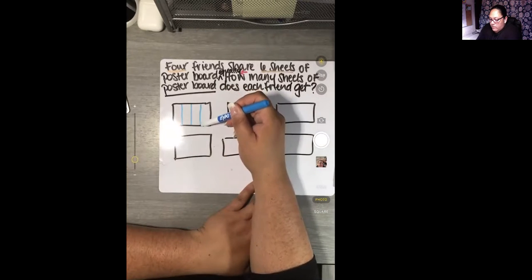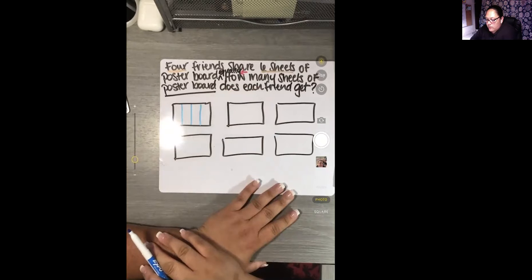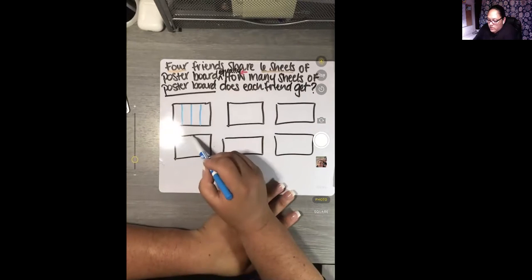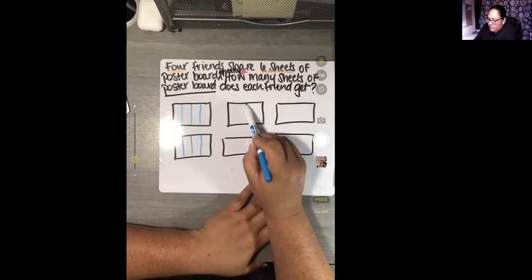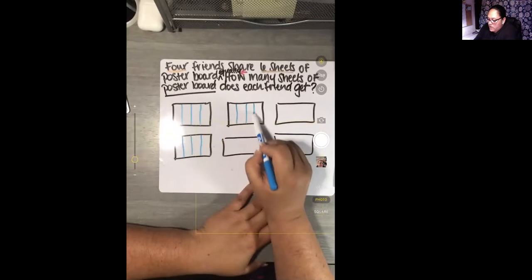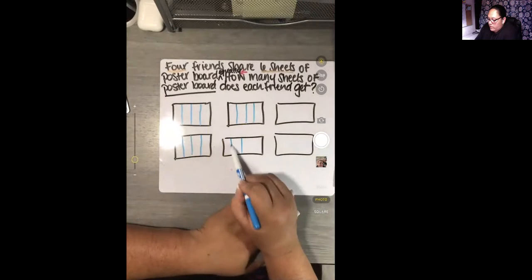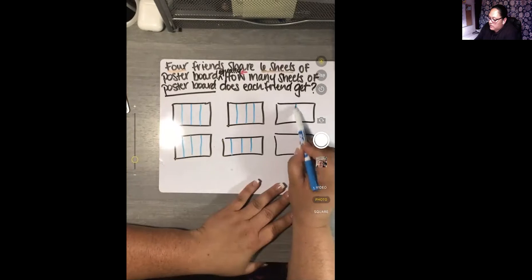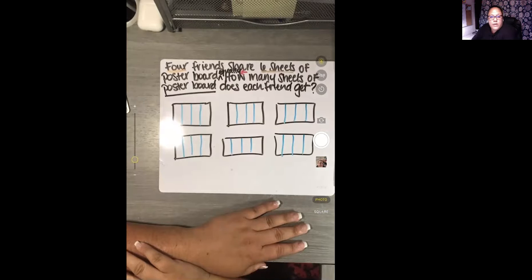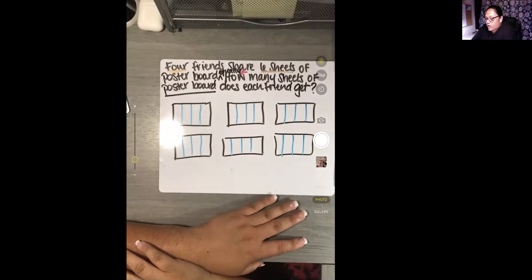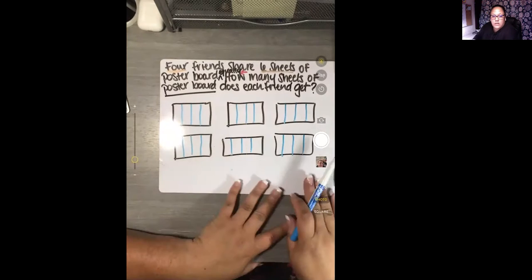And I cut one on the right in half, I have 4 pieces. So I'm going to do that on each one of these, trying to make 4 equal pieces. Now I have 4 equal pieces, 1 piece for each friend in 6 sheets.